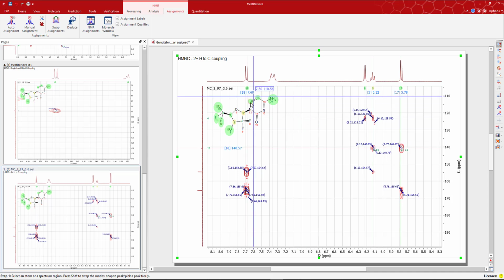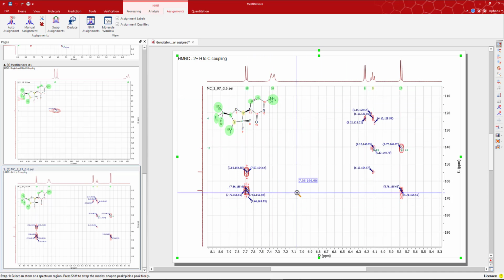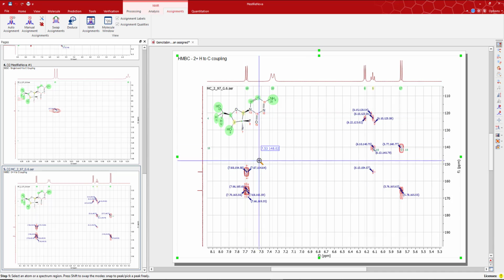And again, we would expect both of them to couple to carbon 16. We would expect only 18 to couple to carbon 14. So that tells me really, really definitively that carbon number 14 is the signal at 154 ppm, and then carbon 16 is the signal at 165 ppm.